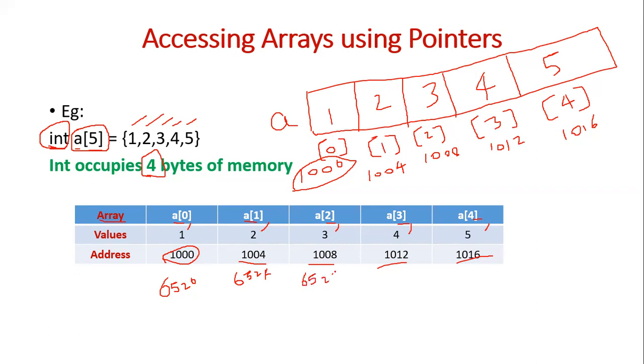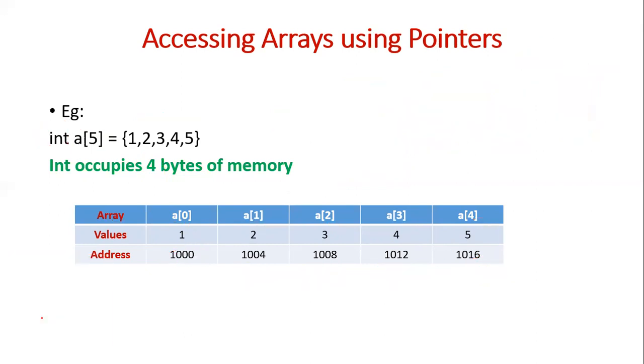And what will be A of 3? 6532. Right. And what will be A of 4? 6536. Okay. So like that, if you know the starting address, from there you can access all elements of the array, right? So this is the basic idea.